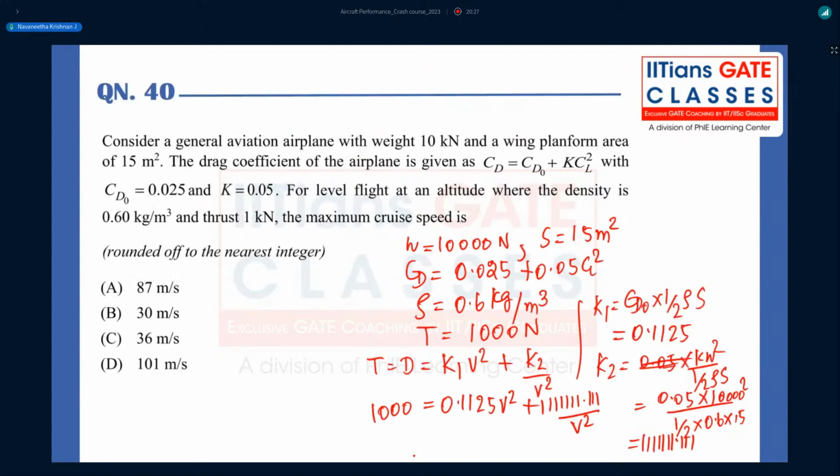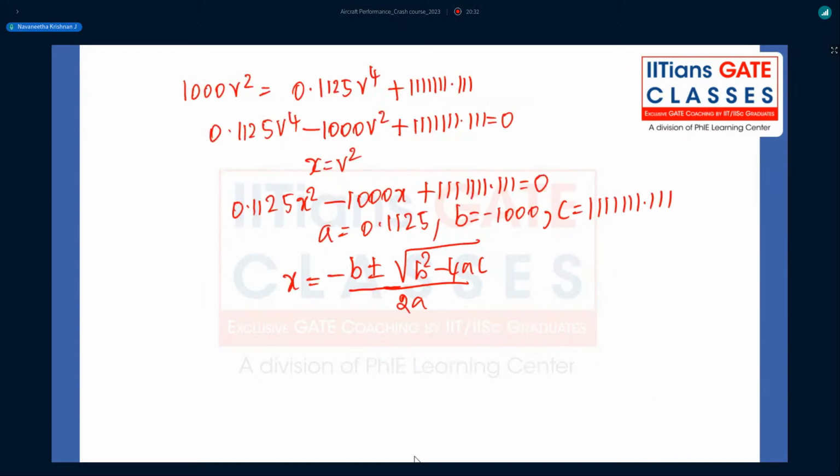They have asked the maximum cruise speed. So if I take only the positive value, that is more than enough. That will give you the maximum value, which we get when there is a plus sign.